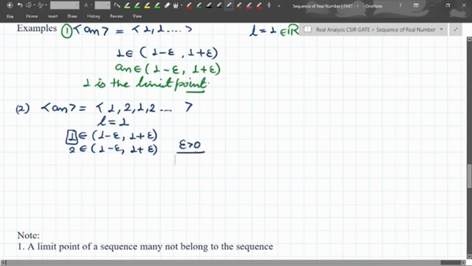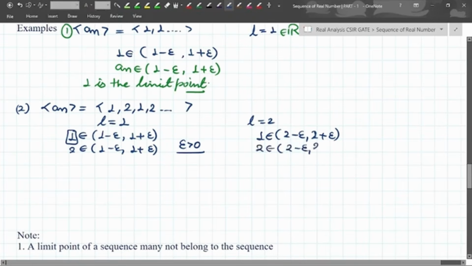Epsilon is greater than 0, it can be 3, then 2 will be contained in this. Similarly, if I write L equal to 2, you can see 2 minus epsilon, then 2 plus epsilon. Again in this interval also all the terms, like 1 and 2, will be contained here.